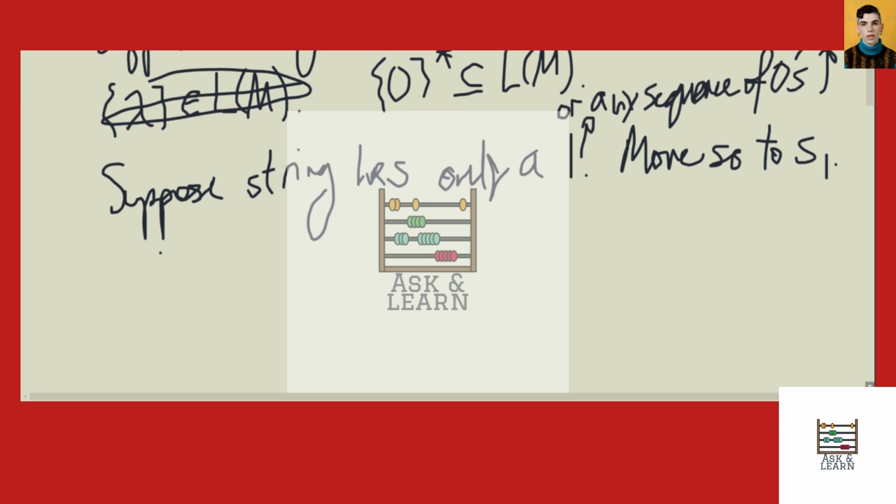So it follows that 0 star 1 is also a subset of the recognized language. And we see that the reason we only have a 1 at the end is because if there are more bits, then no matter what, we can't return to S1.